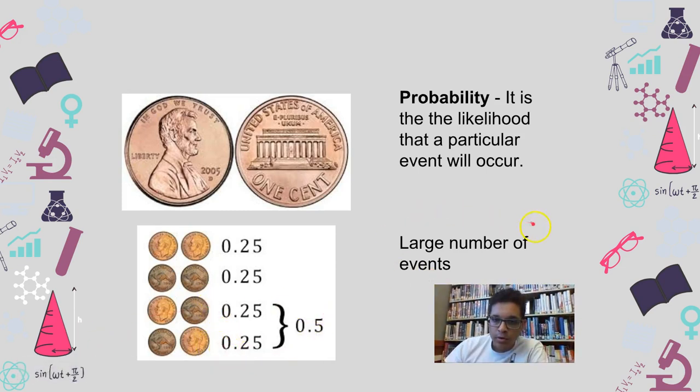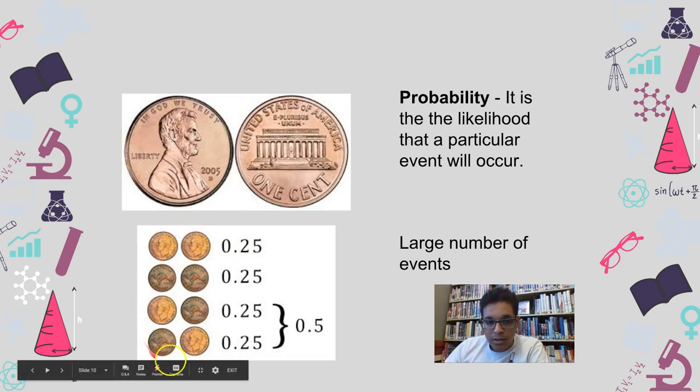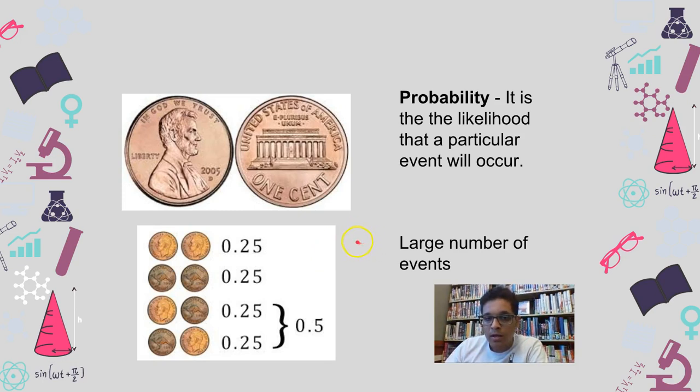It's important to note here the large number of events, because if you only flip this coin 4 times, say you only get 2 heads and 2 tails, well, now you're not going to see the data to support this 50% chance. And so you need to flip the coin more than just 4 times. You need to flip it 1,000 times. And when you do that, you'll see the outcomes will really show these expected outcomes.